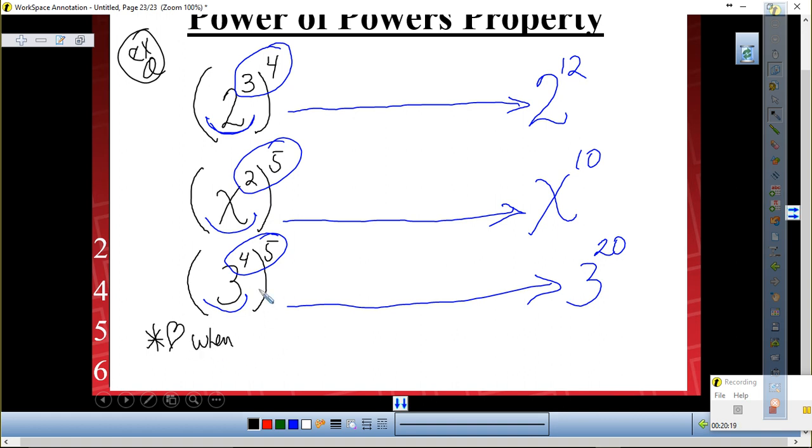When, what's happening in each of these? Andrew, when what? Okay, so what is this called? When a base and an exponent, what is that called?